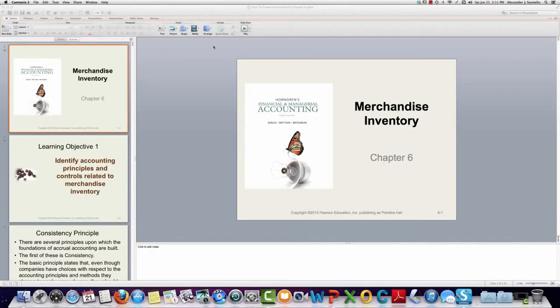So, for example, on the whiteboard, what we're saying is that when you think about conservatism, you don't want to do something like this. What if you have inventory and let's say it has a market value of 1,000 and it has a cost of 1,200.